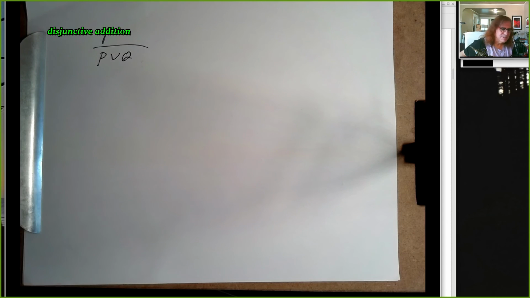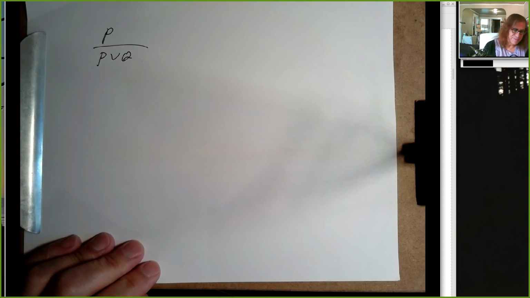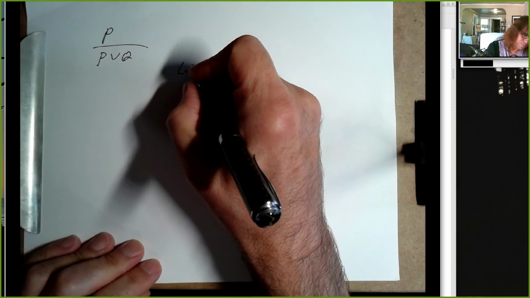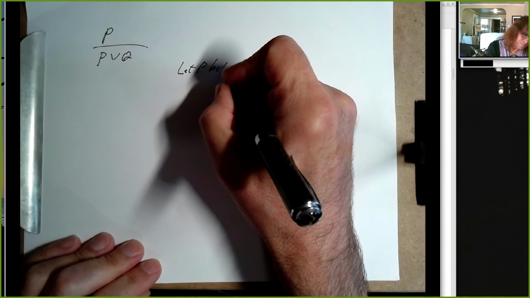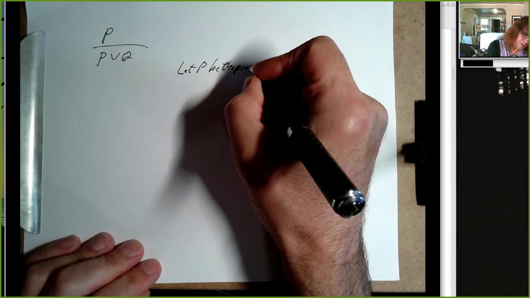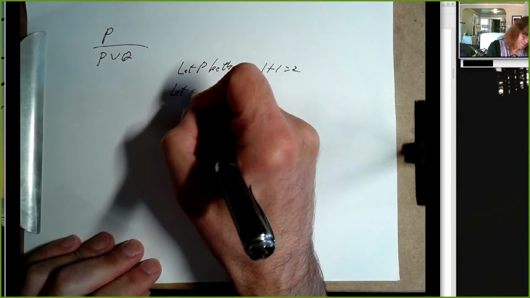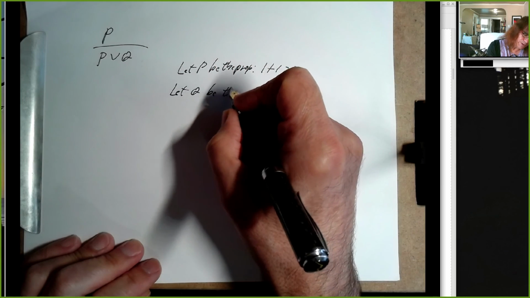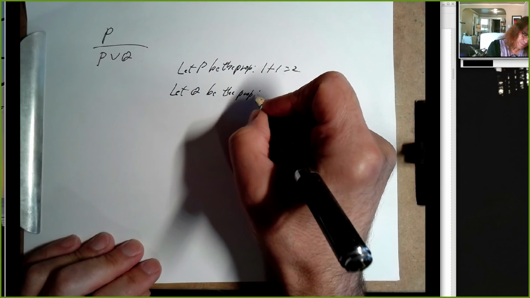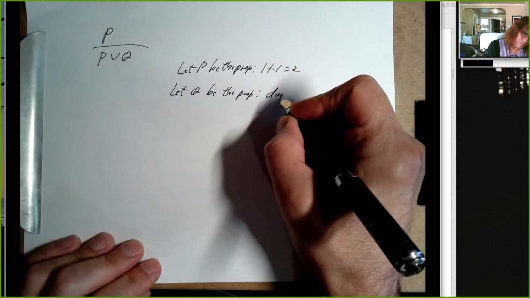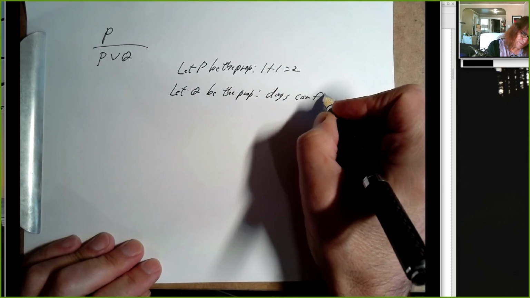All right, disjunctive addition. Given P, we can conclude P or Q. Well, that might seem a little weird at first, but for example, let P be the proposition 1 plus 1 equals 2. Let Q be the proposition dogs can fly.